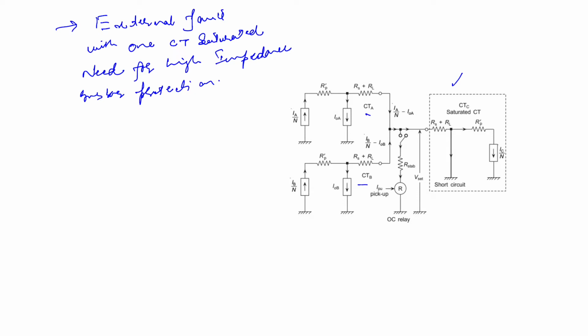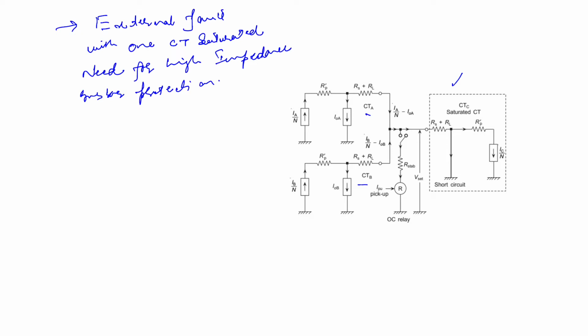and the resultant current has two parallel paths available. So this is the one path and this is the second path. One path is through this overcurrent relay, and the second path through this RS plus RL via the short representing the saturated CT magnetizing branch.